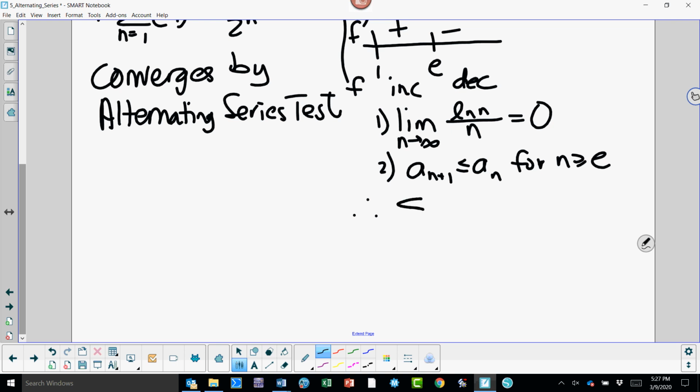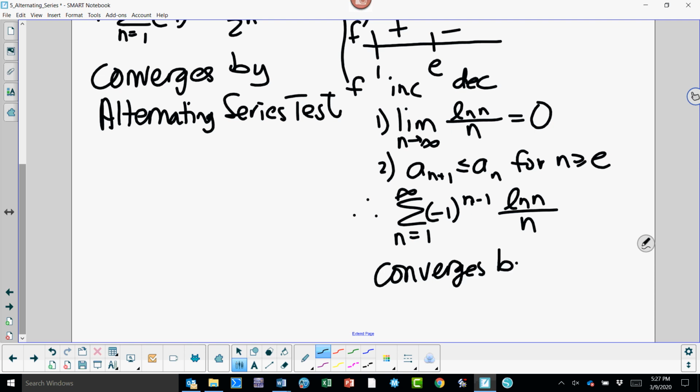So therefore, my original series, the sum of negative 1 to the n minus 1, ln of n over n, converges by the alternating series test.